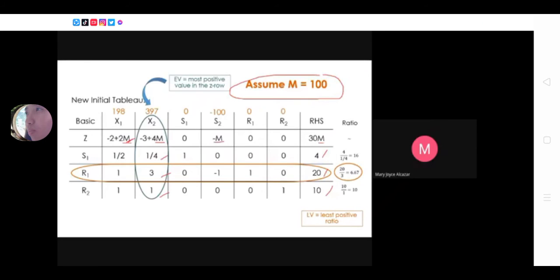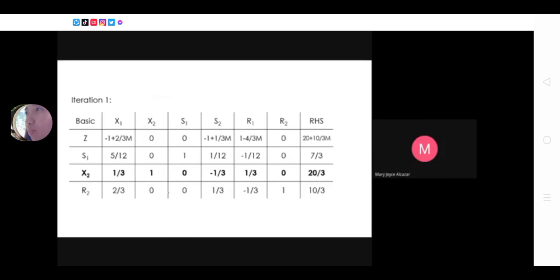So after identifying the entering variable and the leaving variable, you will use the usual Gauss-Jordan computations, the same way of computations that we used in the simplex method. And then proceed to the iteration 1. So the iteration 1 tableau looks like this.